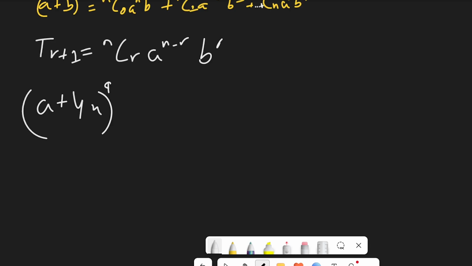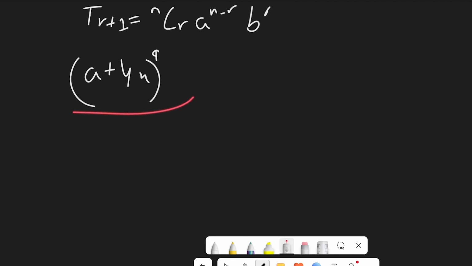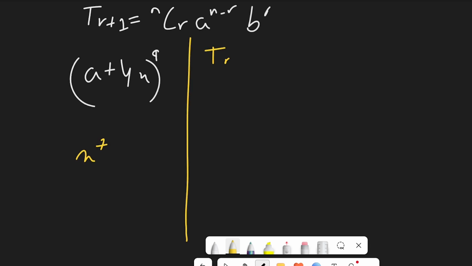Okay, so now that we've seen the formula, let's put it into practice. For example, this question that we have is (a + 4x)^9, and we need to find the term in x power, let's say x^7. So what we do is we write T_(r+1). We don't have r, so we write r as it is. Then we will have nCr, which is 9Cr.